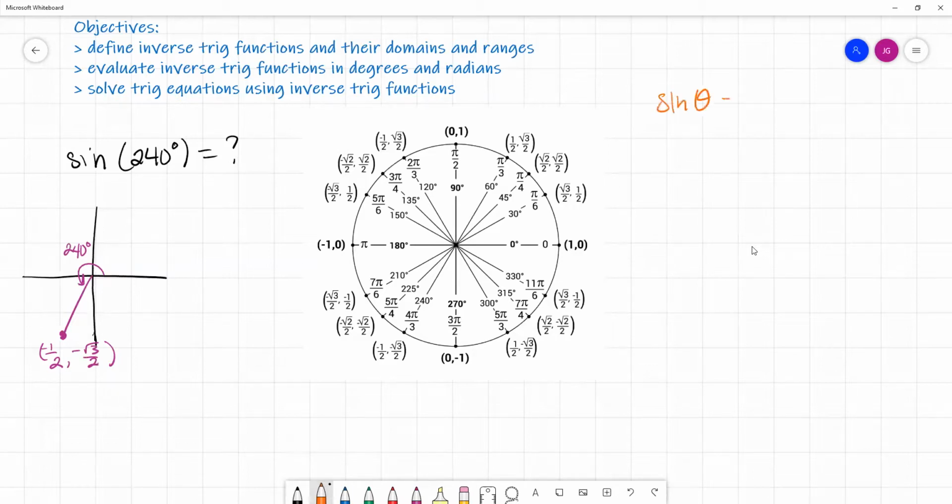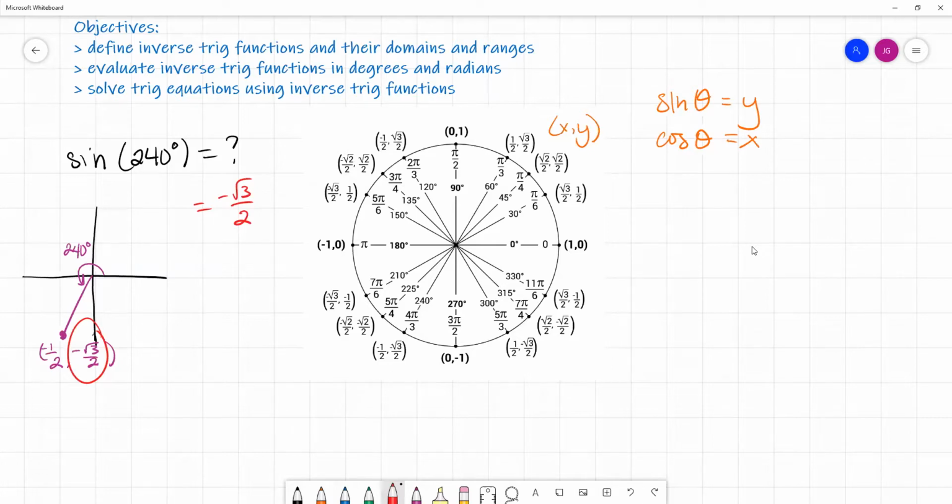Sine of theta was the y value. Cosine of theta was the x value for all these x comma y ordered pairs on our unit circle. So our sine in this case is the y value, which is negative rad 3 over 2. So that's the sine of 240 degrees.